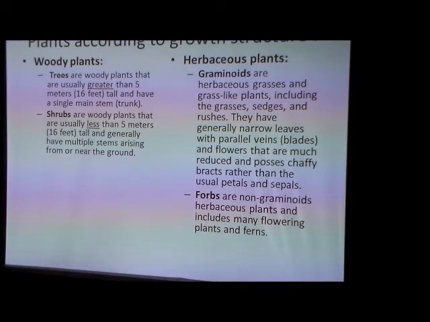So some people will say, okay, you've got mountain ash out here. Is it a tree or a shrub? Most of the time it has multiple stems coming out from or near the ground in a wild situation. Now if you put it in your yard and manicure it, you can make it have one stem and you can make it into a tree if you want to.